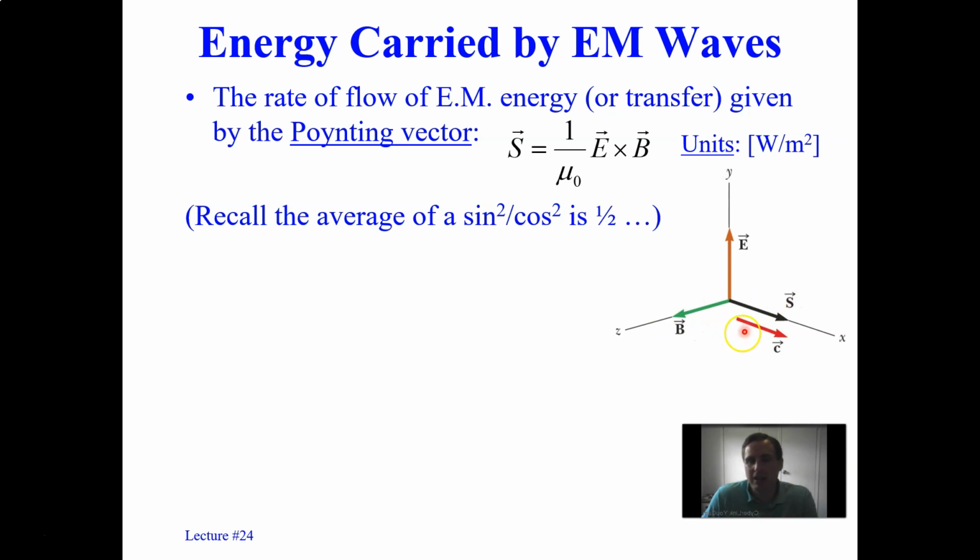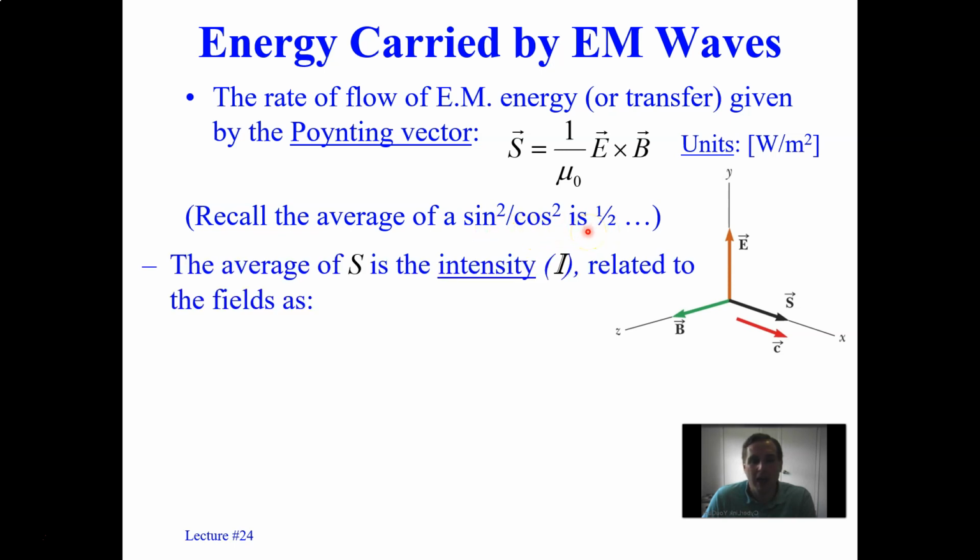Negative really just means negative along that axis. So when we're considering this notion of intensity and the rate of energy flow, we really care about the magnitude. So we want to square the sine function and square the cosine function. And then when we take the average of sine squared or cosine squared, we get 1/2.